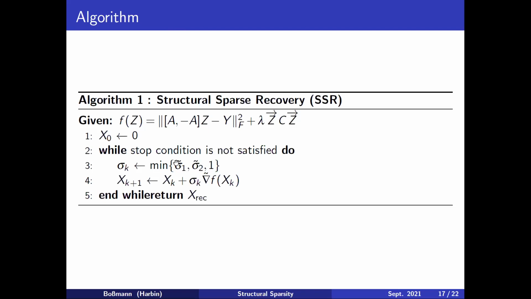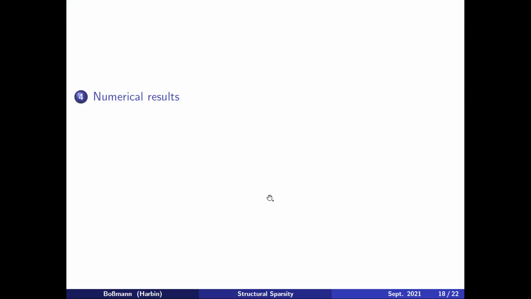And we calculate all those, take the minimum of these, and this is the step size we will choose. And then we just need to do an update step to update our solution. We can iterate this, and we will end in some local minimum.